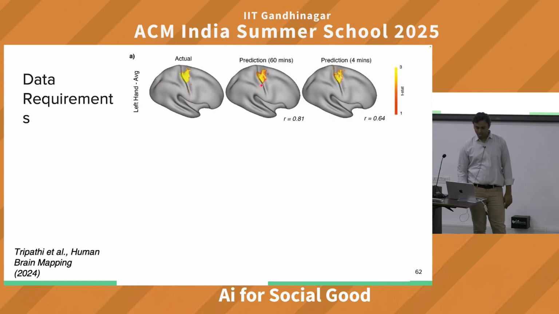तो in our model, using 60 minutes of data, was able to predict very nicely with a 81% accuracy, 0.81 accuracy.